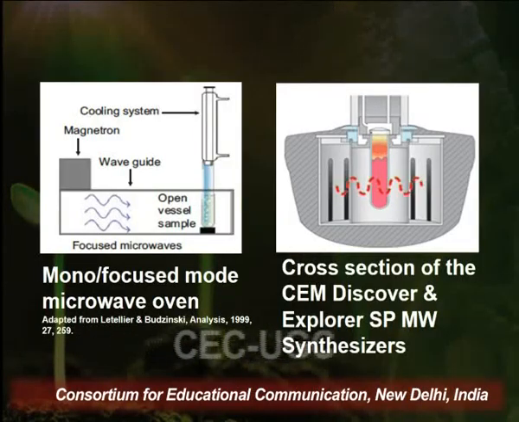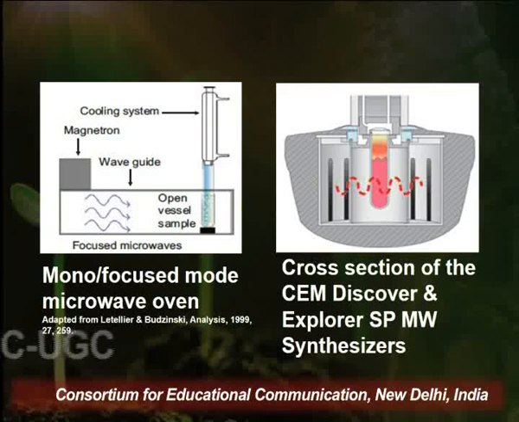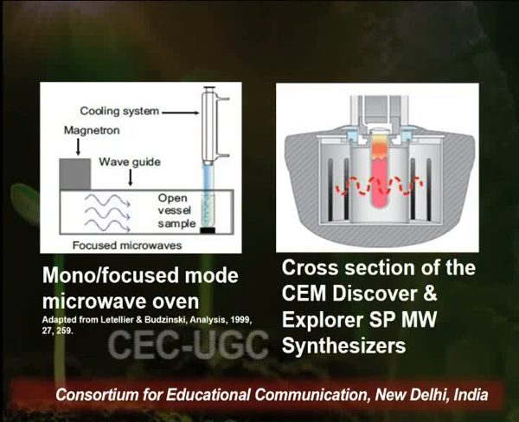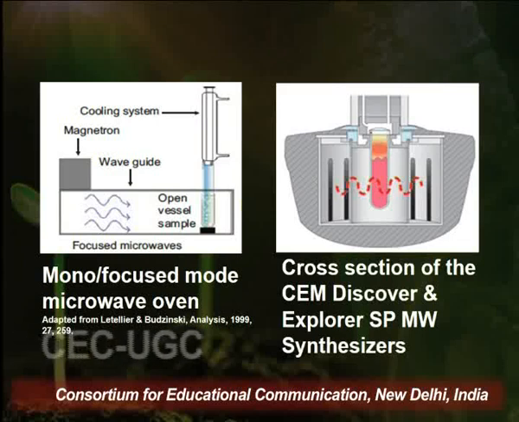Now in this diagram you can see how the monomode or the focused mode cavities work. In the left picture you can see the magnetron generates the microwaves, and these microwaves are directed with the help of a waveguide in the same direction, and they fall onto the vessel where the sample is placed for the extraction.